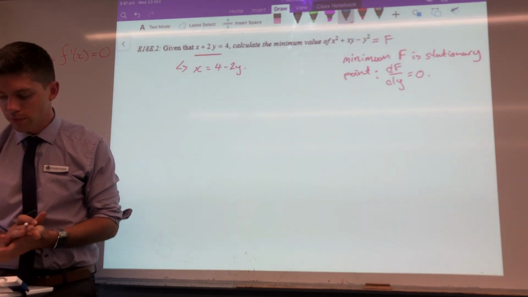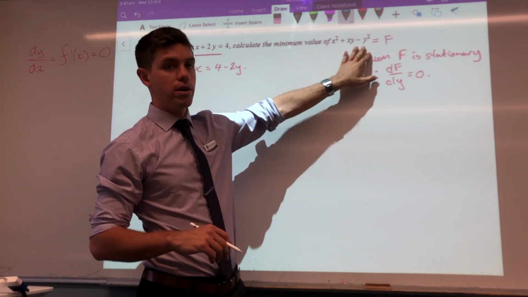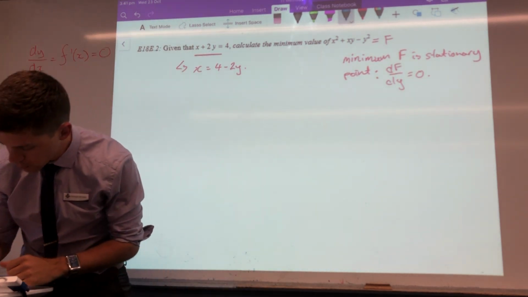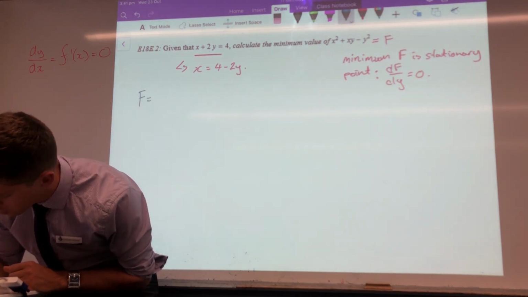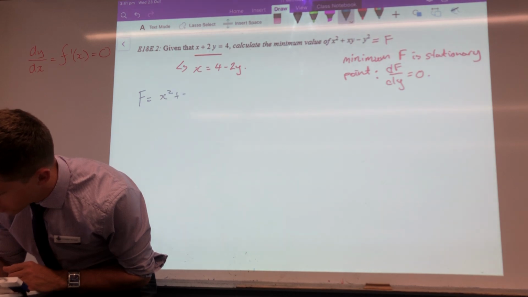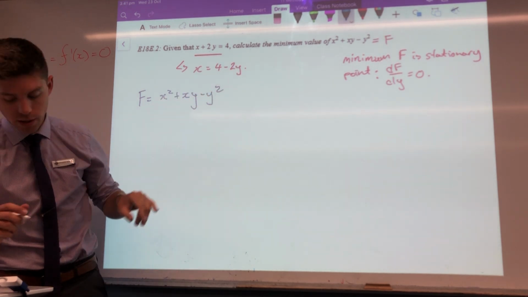So first of all, let's expand and simplify our function f in terms of y. f equals x squared plus xy minus y squared. But we know that x is equal to this, so let's substitute this into here and here.